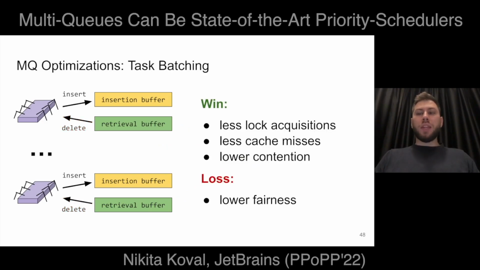Intuitively, we benefit from much fewer lock acquisitions and much fewer cache misses. Of course, we also have lower contention as we access the multi-queue quite rarely. However, with such optimization, we can't achieve the same fairness.